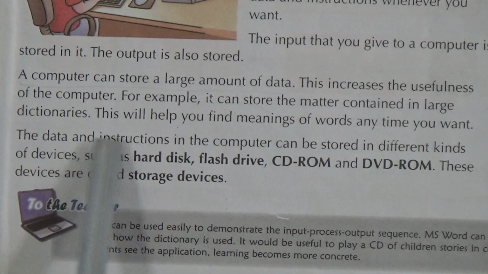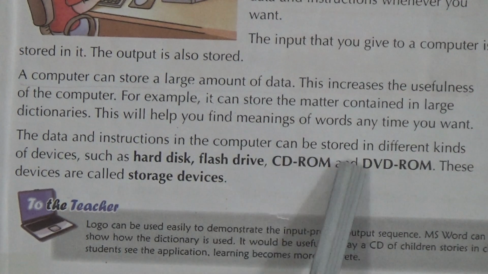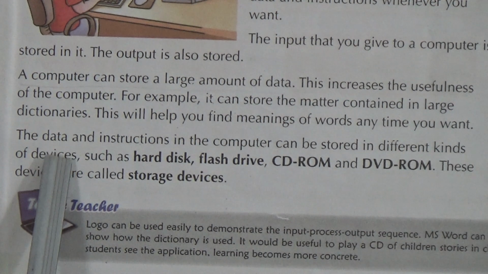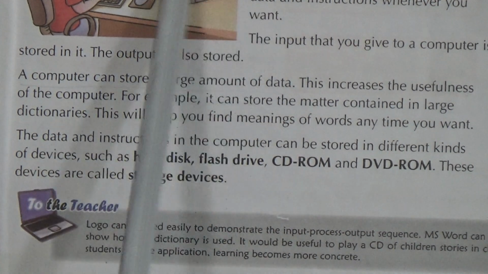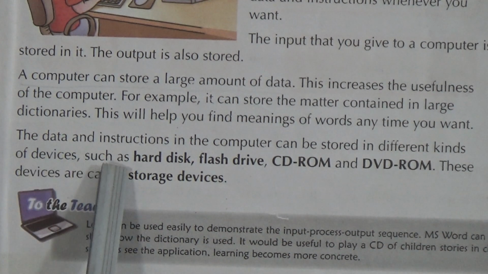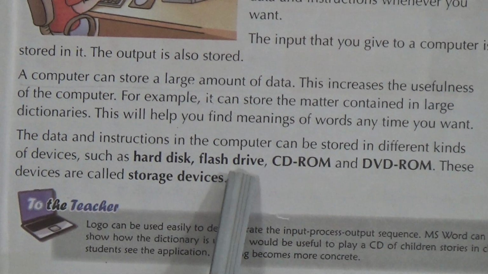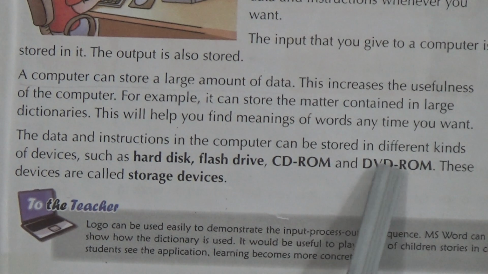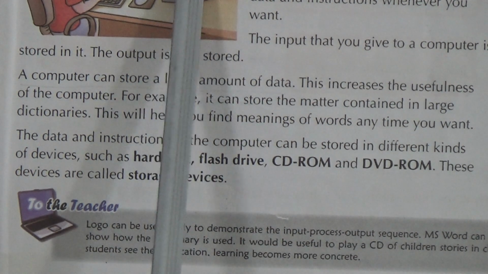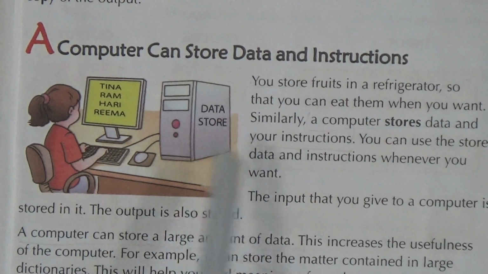The data and instructions in the computer can be stored in different kinds of devices. So, for storing, there are different kinds of devices, such as hard disk, flash drive, CD-ROM and DVD-ROM. A hard disk is kept inside the CPU. You can't see it from outside of the casing, it's inside.